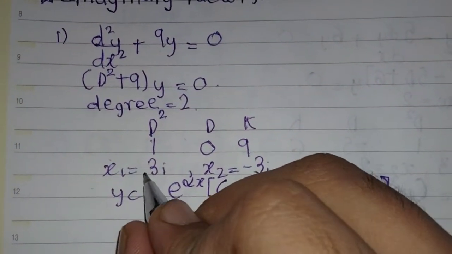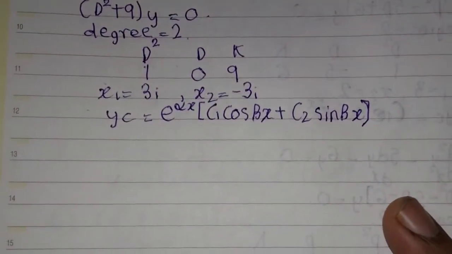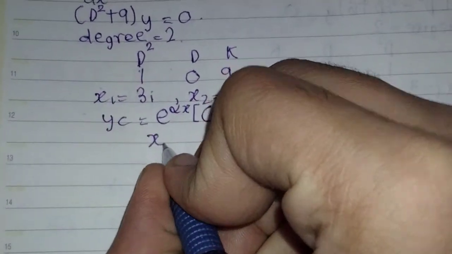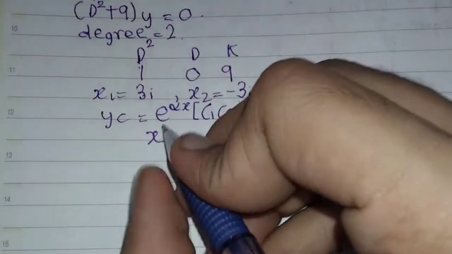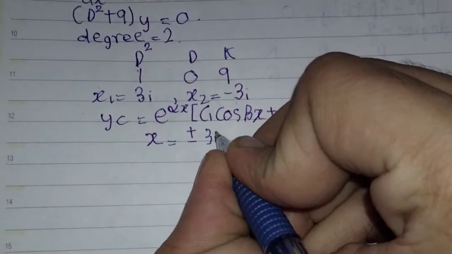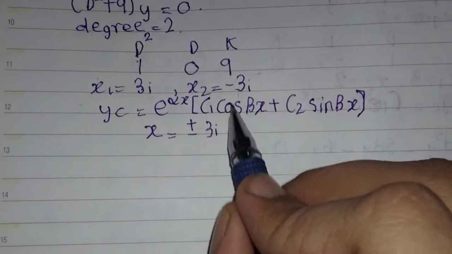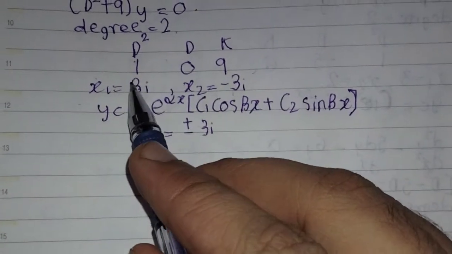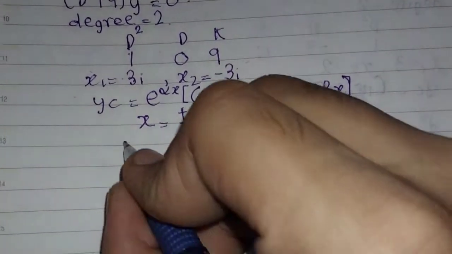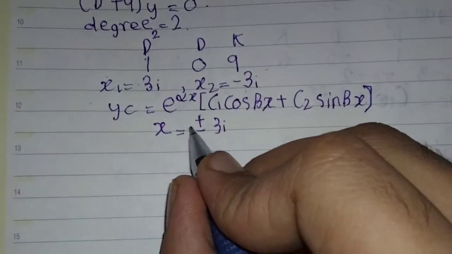So now what is the alpha term here? We got 3i and minus 3i, so we can also write both terms together as plus minus 3i, as the value is the same and only the sign is changing. Comparing this term with e raised to alpha plus minus beta i, in order to get the alpha and beta values.